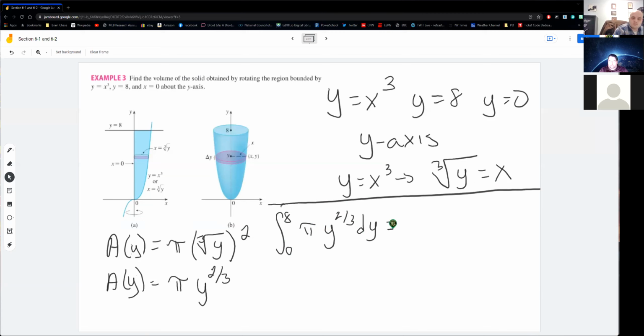So we're going to add 1 to that exponent. Yeah, we'll leave the pi. So it's 3y to the 5/3 over 5.